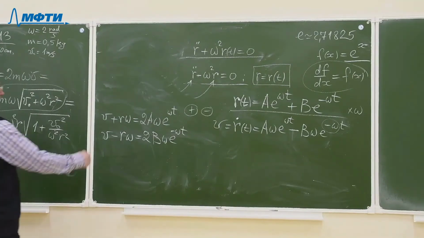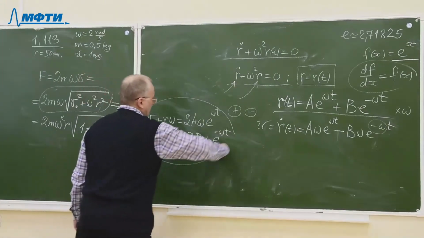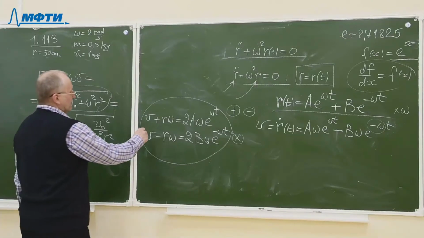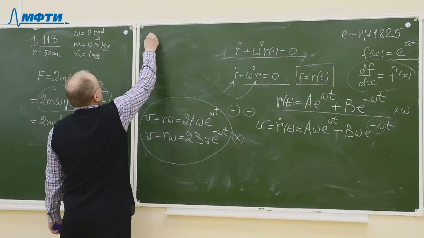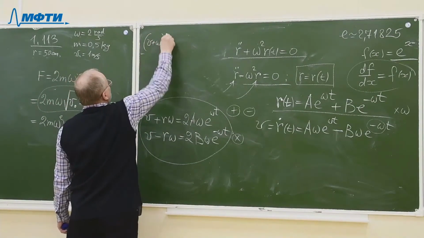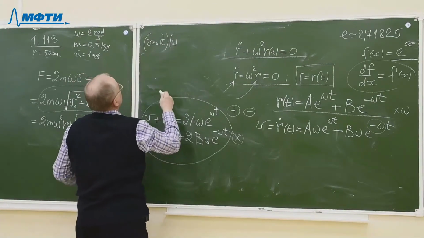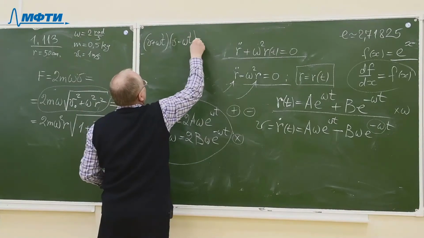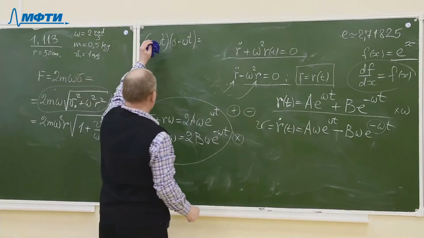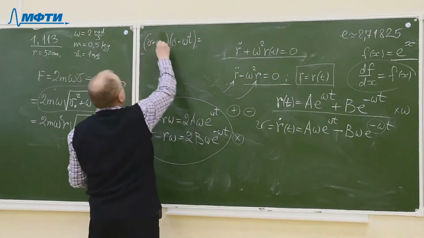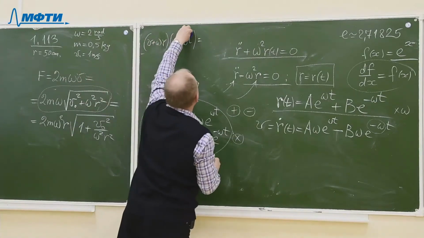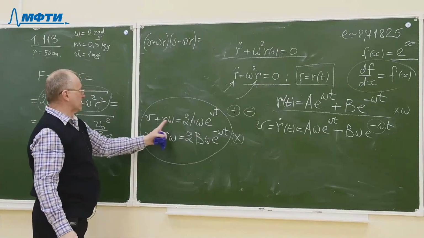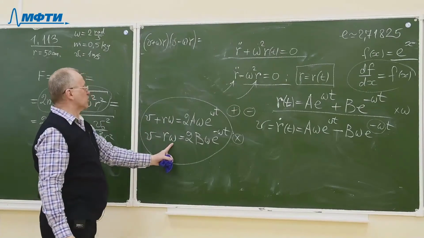Now I will multiply these two equations. I will multiply the second by the first one, and I will obtain v plus omega r multiplied by v minus omega r.